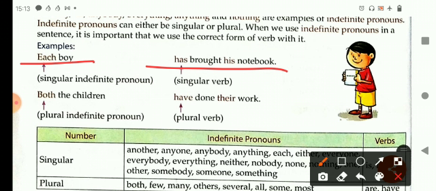And here, both the children is in plural form, a plural indefinite pronoun, so the verb should also be in plural form, like have: Both the children have done their work. This is called subject and verb agreement. If the subject is singular, the verb should also be singular, and if the subject is plural, the verb used should also be plural.